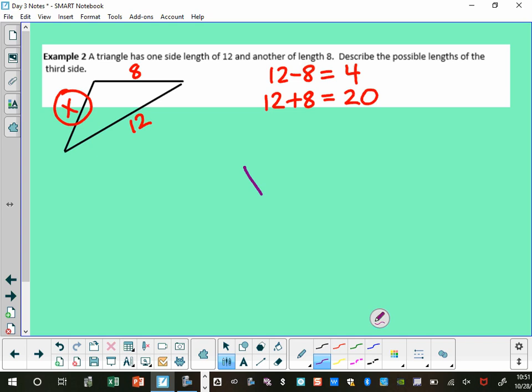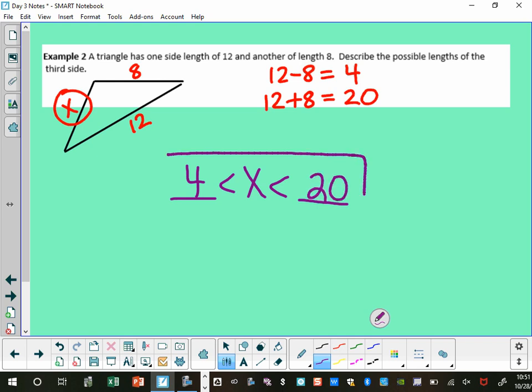That means your value of x, write that down. X can be greater than something, and x can be less than something. Which number should go first, 4 or 20? 4, that's my smallest number. So that means x is greater than 4, or x is what? Less than 20.